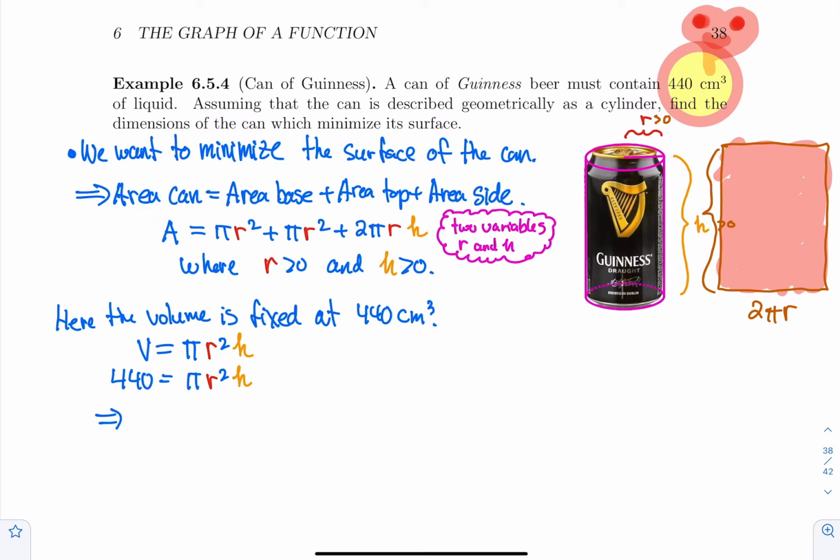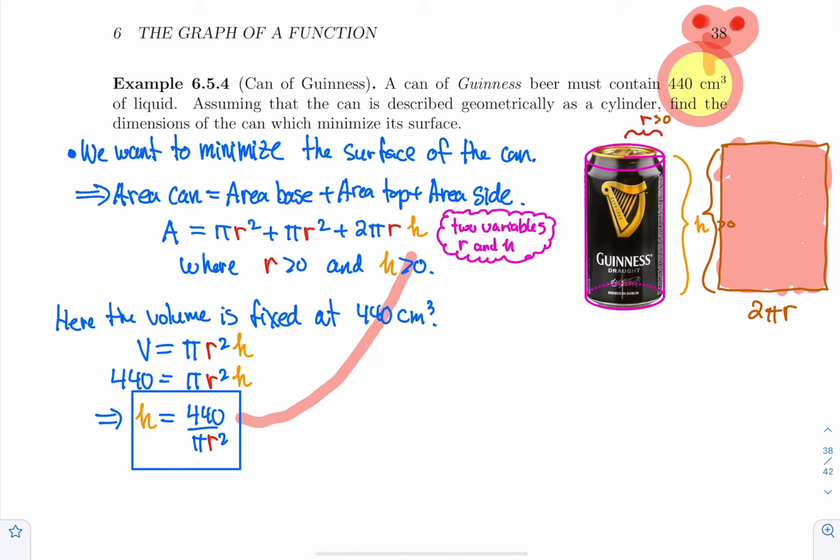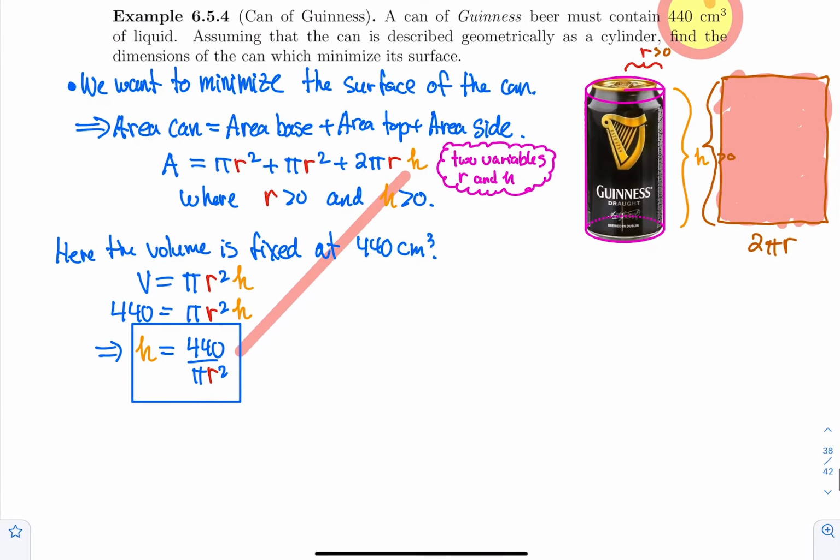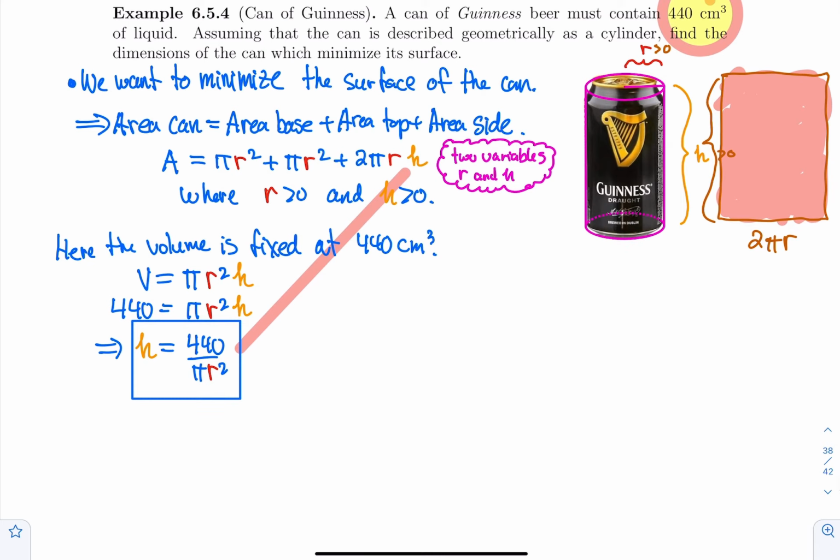So with that constraint equation, h is equal to 440 divided by pi r squared. And this will be the equation that I will use to get rid of h in the total area formula for the surface of the can. So if you go back to the area formula and you replace h by 440 over pi r squared, you're going to get a brand new equation for A, where A is only going to depend on r.